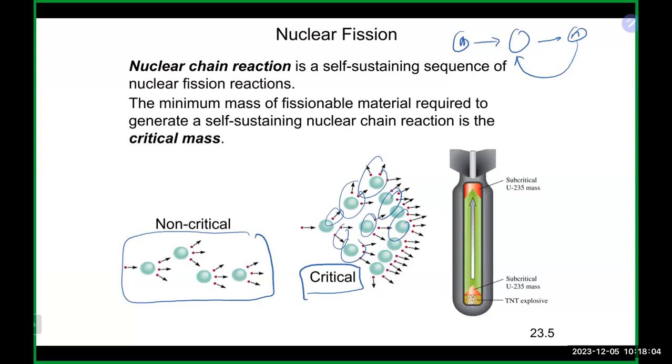So that's the idea behind our nuclear bomb here. You have a subcritical mass up on top, separated from the other part, the wedge. When it hits, the wedge completes, and now you have a critical mass of fissile material, which will allow that reaction to continue on.